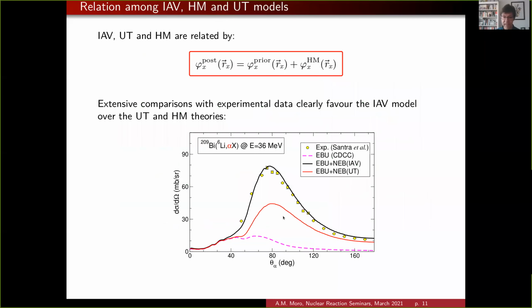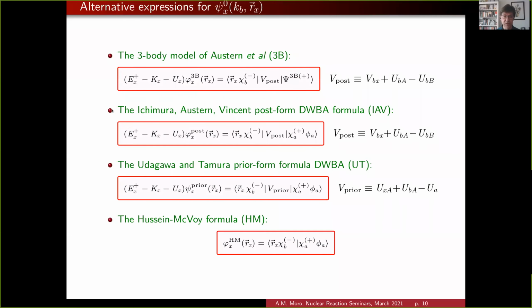And recently, as I said, some groups have performed calculations and comparisons with experimental data. What more or less, I think, consistently comes out from these calculations is that, comparing these three models, the model that more accurately reproduces the data is the one by Ichimura, Austern, and Vincent.